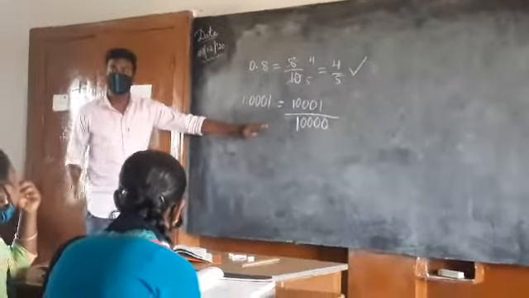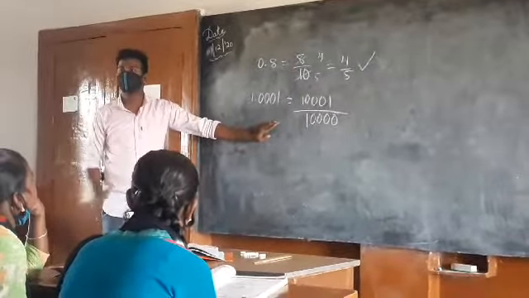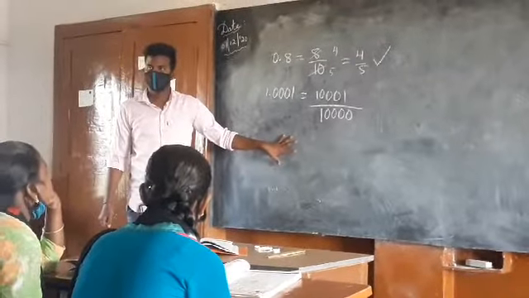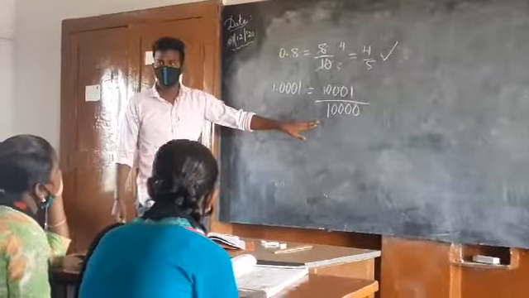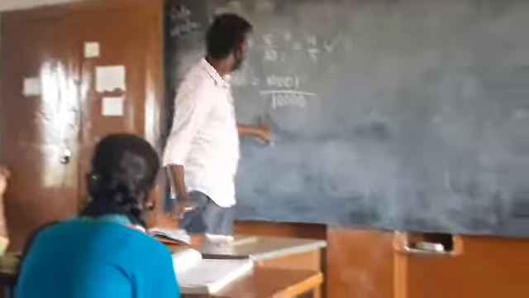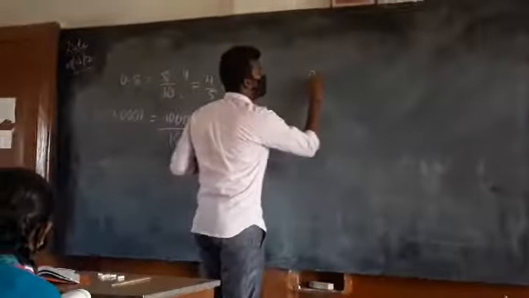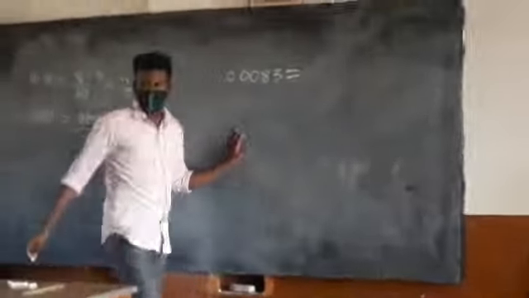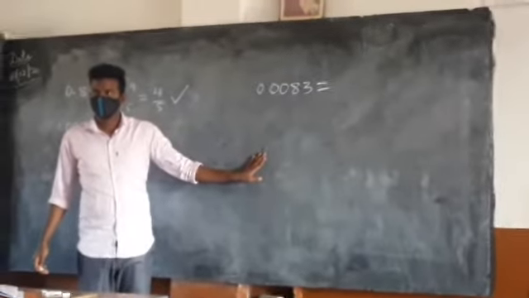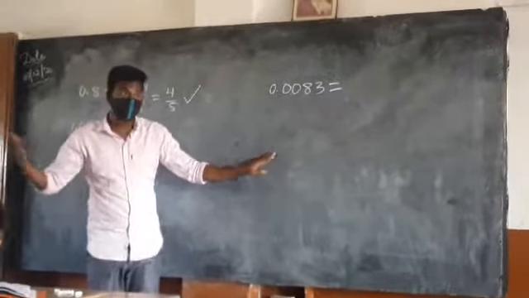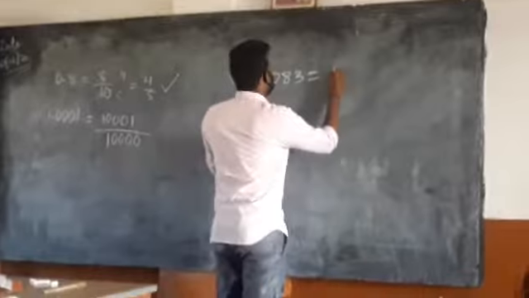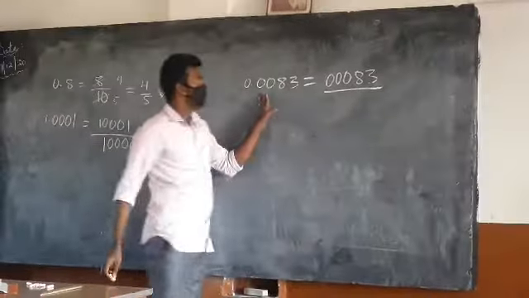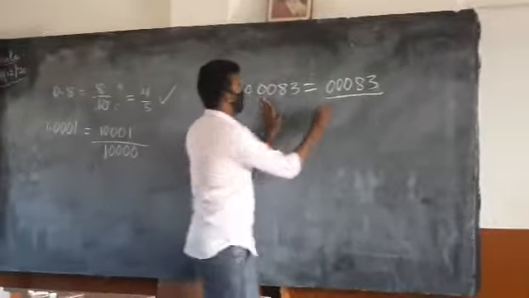In this way you can convert any terminating decimal into rational form. Understood? P by Q form. You should not worry about that. So if at all it is 0.0083, then very good. You can directly write 00083 over 10,000.